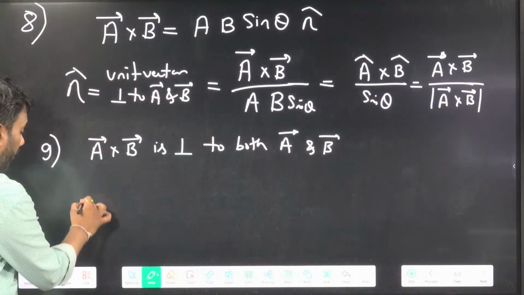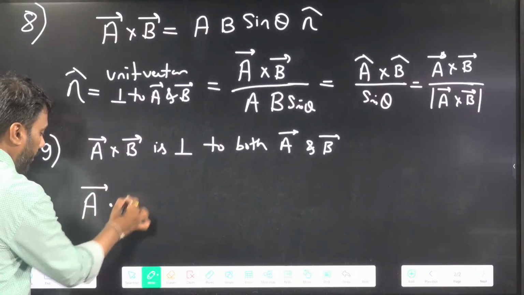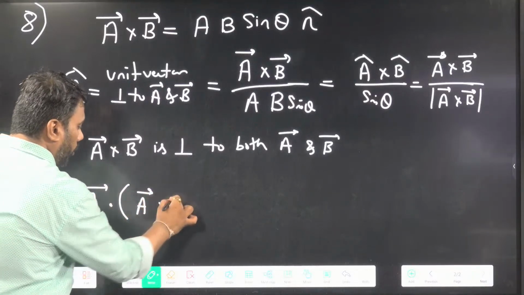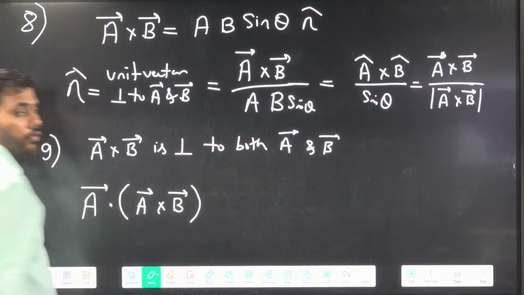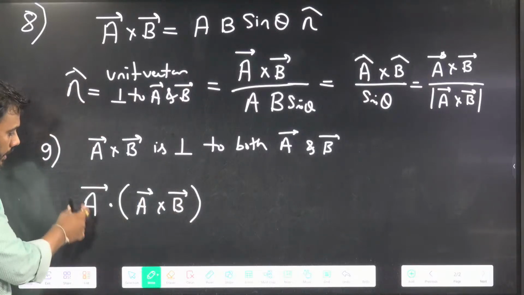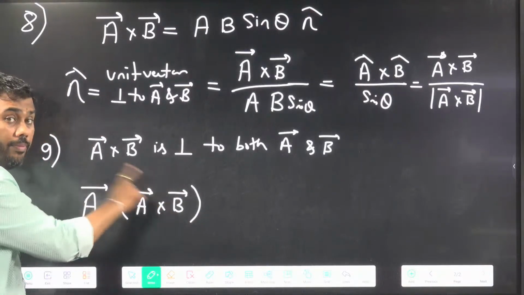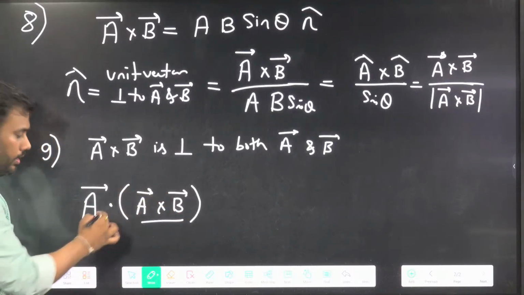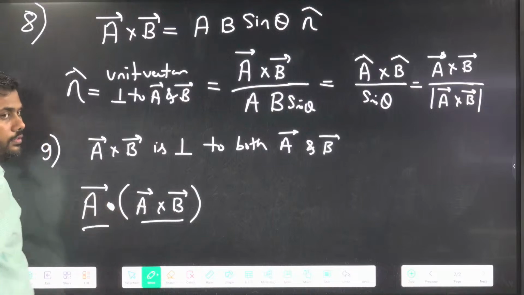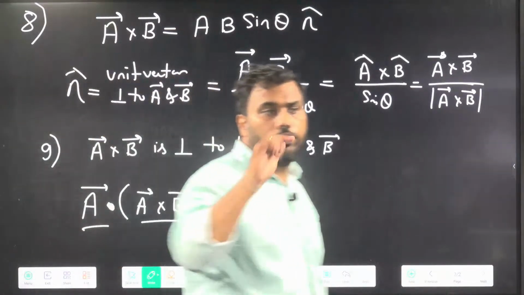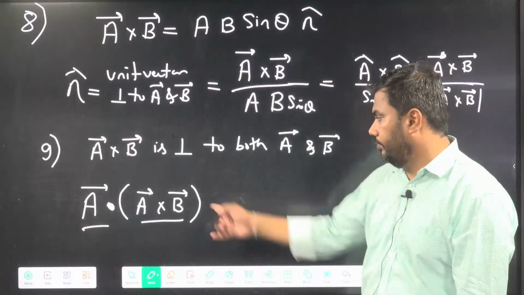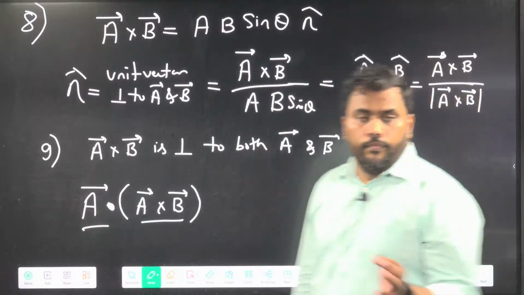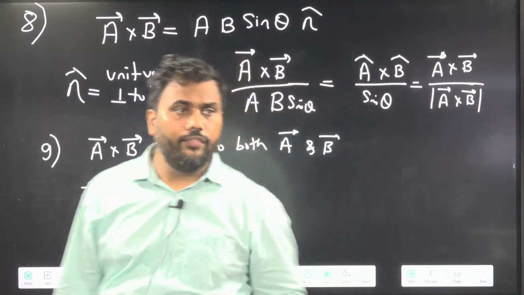Then if I take the dot product of A vector with A cross B, what should I get? A vector and A cross B are perpendicular. So what will be the dot product? What is the dot product of A vector with A cross B? Tell me, I am waiting for your answers.